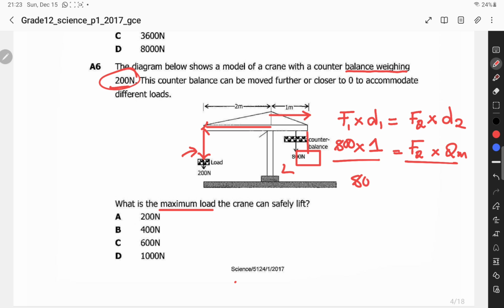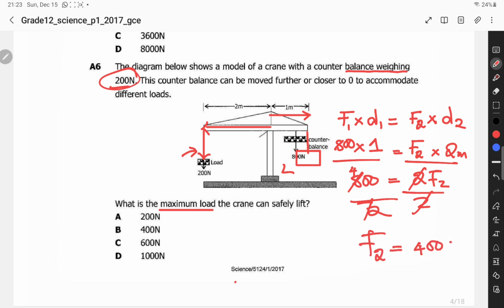So in the end, you have 800 equals 2F2. Divide both sides by 2, so over 2 this side, over 2, you have 2 into 8 goes 4 times, so that F2 will be equal to 400 newtons. So here we see that the maximum load that this crane can support is actually 400 newtons.